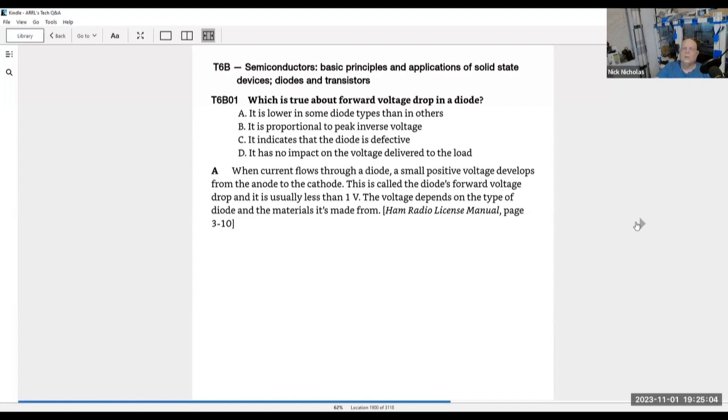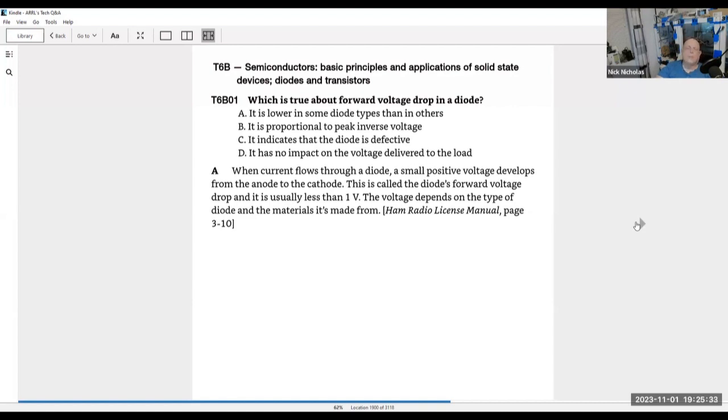A silicon diode, you don't have selenium, thank God, anymore, will only start conducting after the voltage reaches 0.7 volts. By the way, that threshold barrier voltage is a voltage drop through that diode.